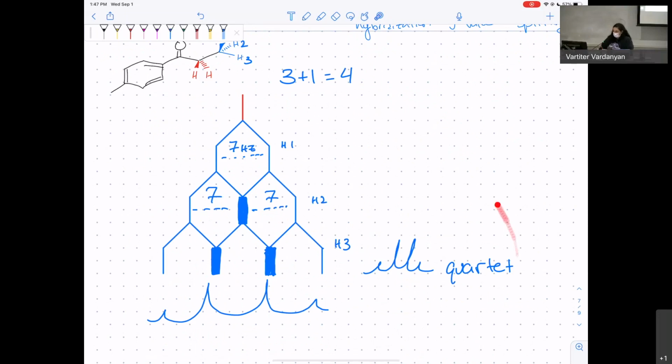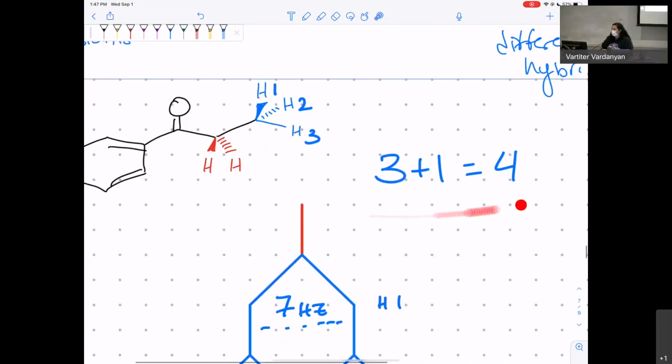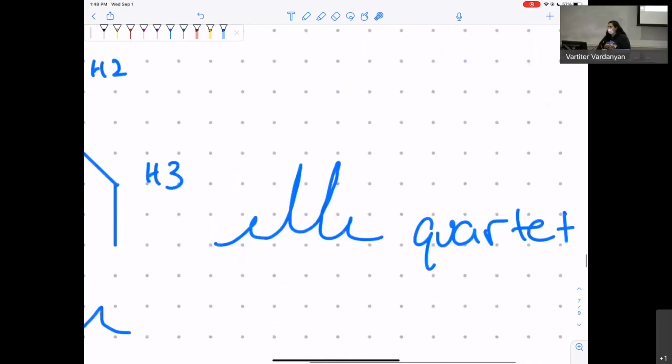So you don't have to actually do this because the n+1 equation gives that to you simpler. The tree diagram is just helpful to show you where the overlap is. But a quartet is always going to look like that. A triplet is always going to look like that. Not ugly like that, but you get the idea.